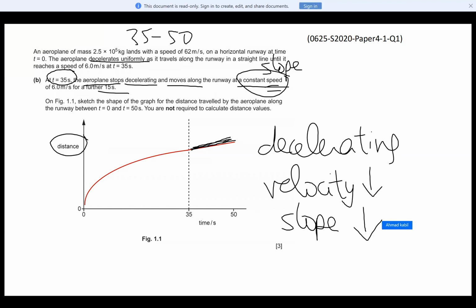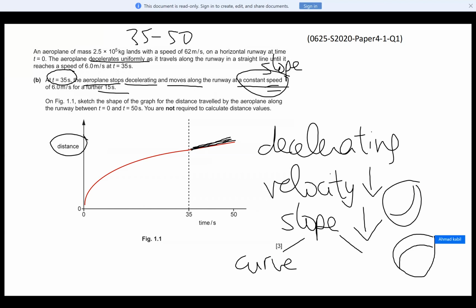Not constant means that it's a curve, and decreasing means that it's concave down, it's frowning, not smiling. In the previous questions, our graphs looked like this. This was concave up. But in this question, our graph will look more like a frown because it's decreasing, not increasing. So in the first section, we have a concave down curve like this.